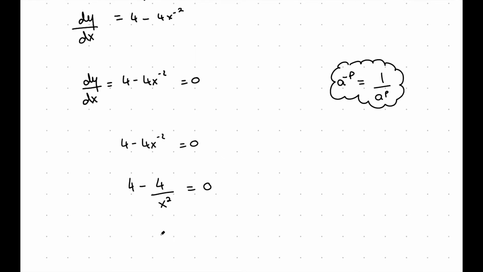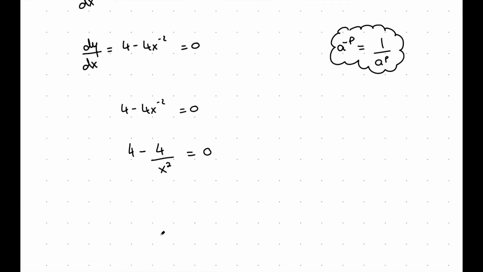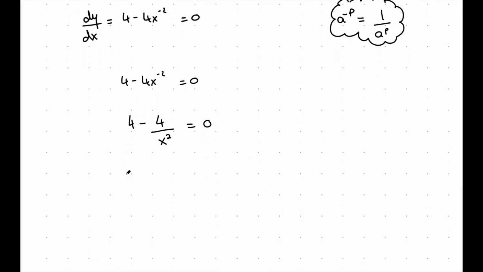Next thing I'm able to do is I can do two different things. I could either multiply through by x squared to get rid of the fraction, or I could say that actually the number 4 is a common factor here. So I can take 4 out and factorize it, and I'd be left with 1 minus 1 all over x squared, and that's equal to 0.